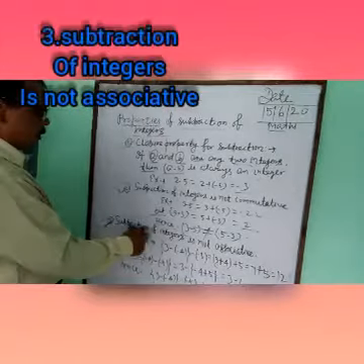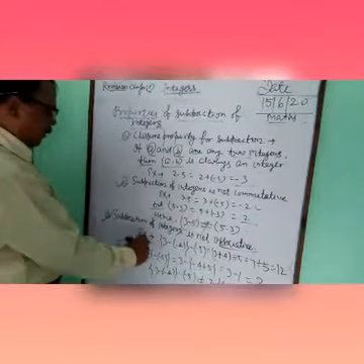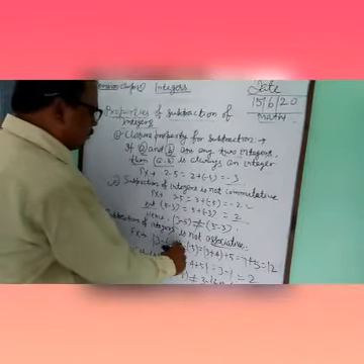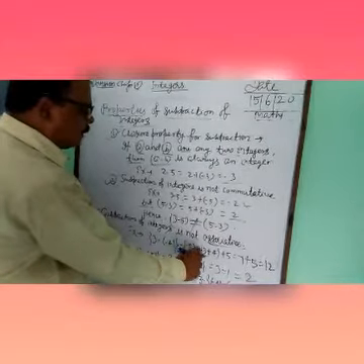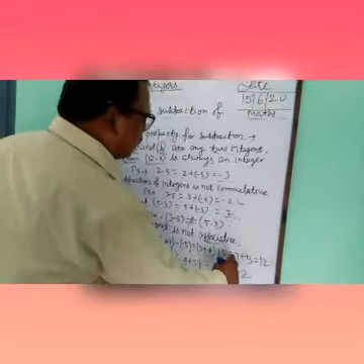Third, subtraction of integers is not associative. Example, (3 minus 4) minus 5 is equal to -1 minus 5, which is equal to -6.